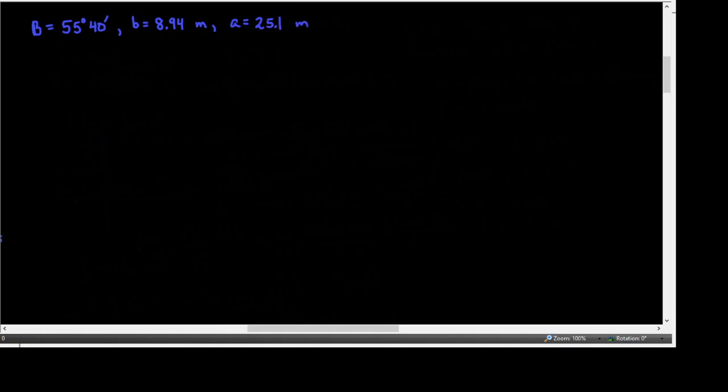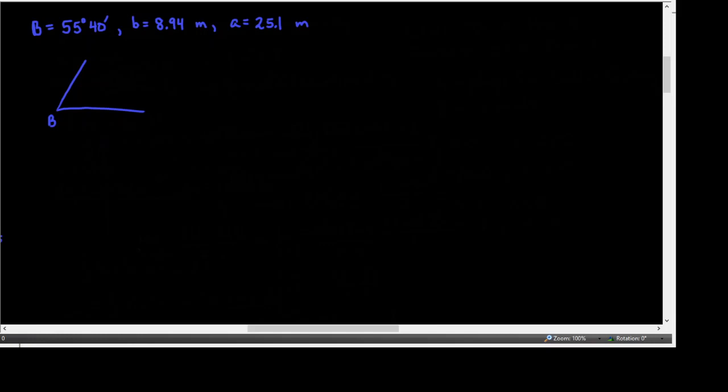All right, so this is the given information. B is 55 degrees, 40 minutes. Side B is 8.94 meters, and side A is 25.1 meters. So let's just draw it. 55 degrees, 40 minutes is about like that. Probably not to scale, and that doesn't matter to me as much that it be perfect.